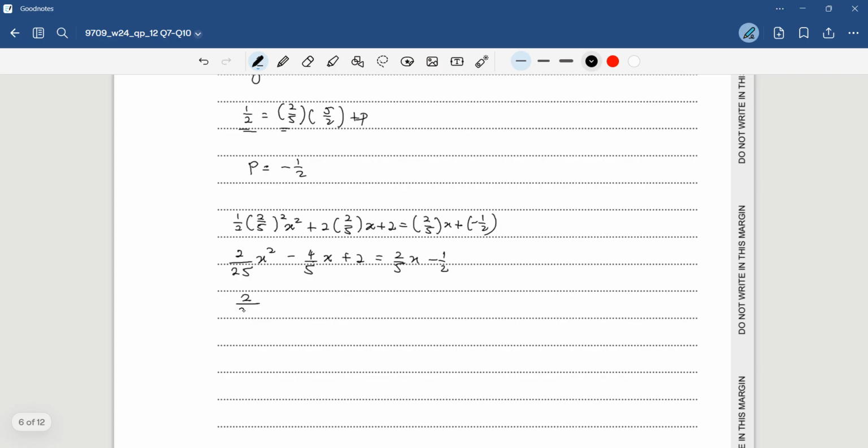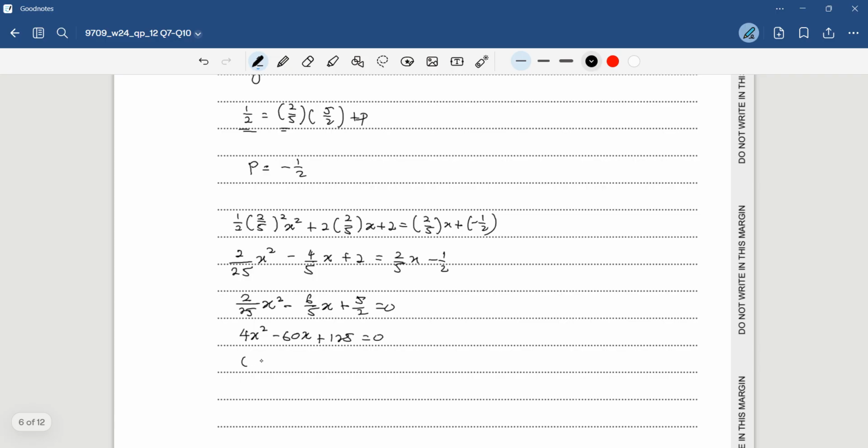Rearrange: 2 over 25 x square minus 6 over 5 x plus 5 over 2 equal to 0. So you multiply everything with 50, so you get 4x square minus 60x plus 125 equal to 0.